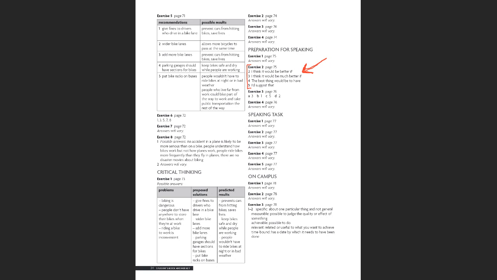So letter A, number 3. Letter A goes with number 3. So what they're doing is they're linking exercise 2 to exercise 3. They're putting the letters with the numbers. So A is 3.